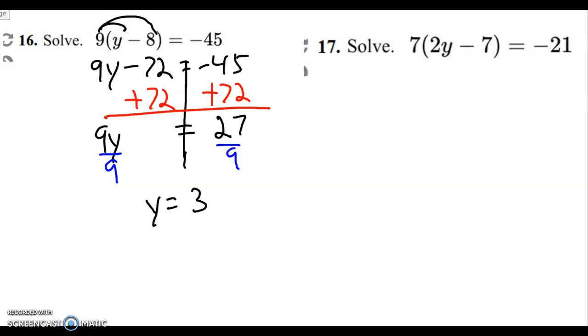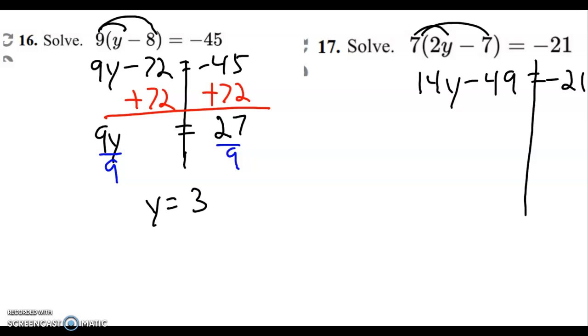All right, let's take a look at 17. Same thing, we're going to distribute the 7. You get 7 times 2, which is 14, and 7 times negative 7, which is negative 49. We want to isolate the y, so we're going to add 49 on both sides.